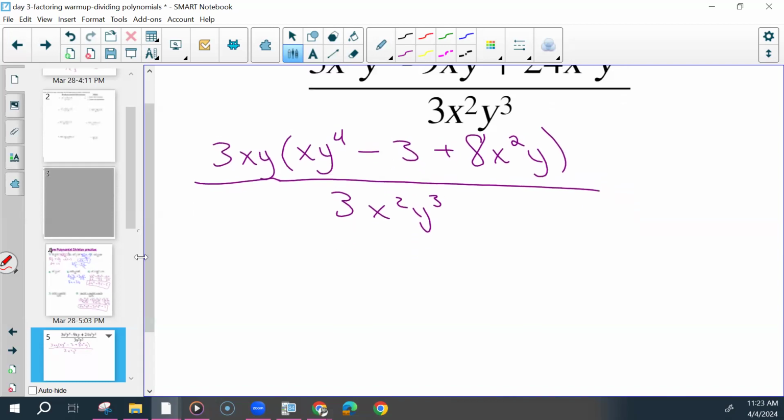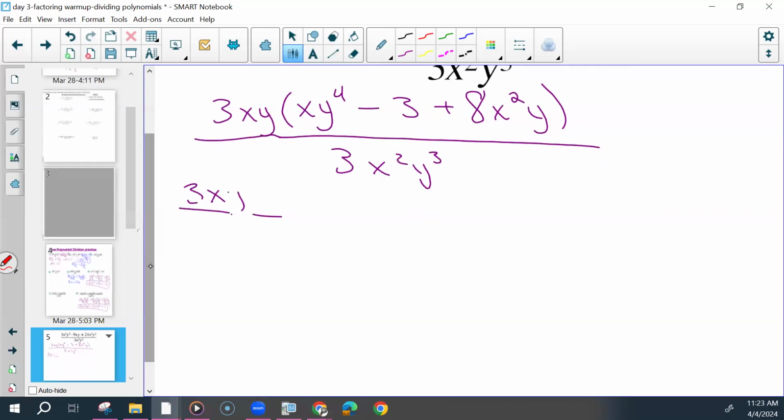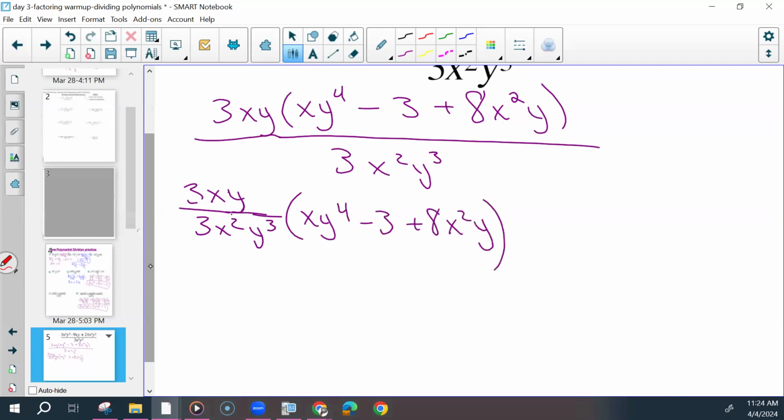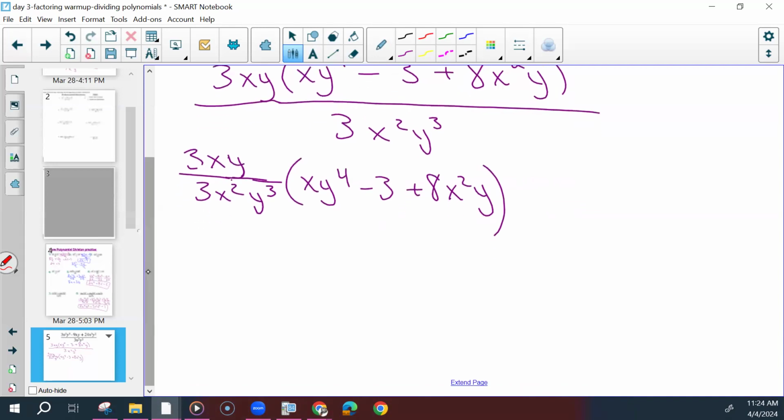So we're gonna rewrite this as this over this, the GCF over the denominator. And I'm gonna put everything else in parentheses next to it. And then I'm just gonna simplify this piece. What would be left?